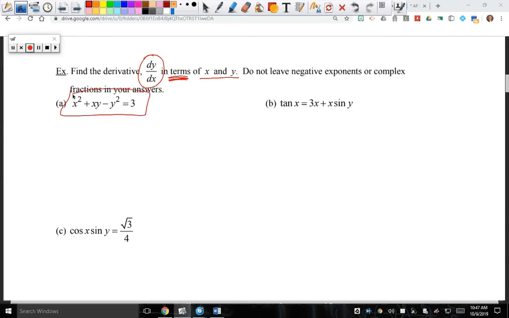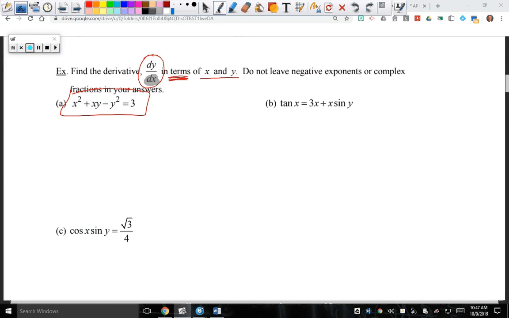Should I implicitly solve for this, or should I explicitly solve for this? Implicitly. Because if I had to explicitly solve, I'd have to get what by itself first? Y. And I don't want to do that. I'll just get y prime by itself later. Okay? So here we go. Listen, I'm in respect to x. I'm giving x the respect.